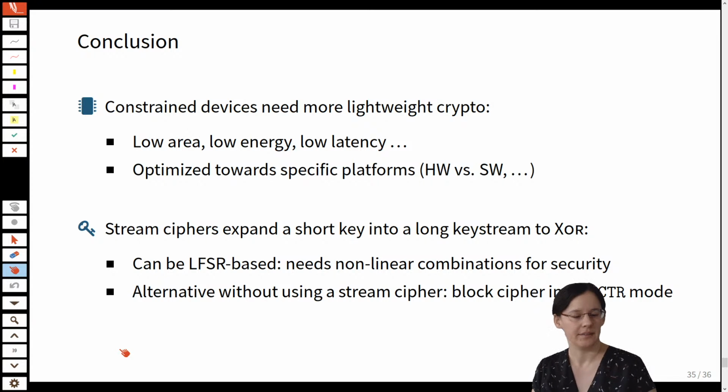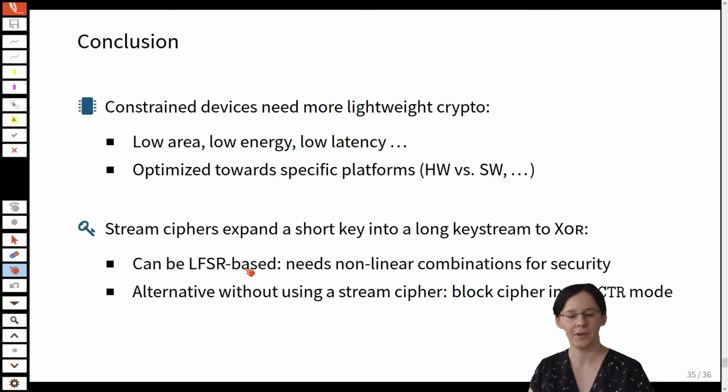In the last third, we looked at stream ciphers, which try to expand a short key into a long key stream, which is then XORed to the message. And we saw both LFSR-based constructions, where it's crucial to also add something nonlinear to it. And we saw some alternatives which also produce a key stream, but do not use these classical key stream operations inside.